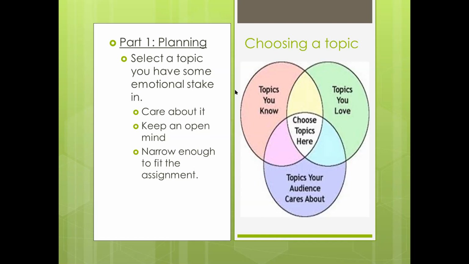And you can see in this little graphic over here on the right-hand side that there may be a little bit of a difference between simply the topics that you love to talk about and topics that you know well, and a topic that your audience is invested in. When you can combine those 3 aspects of a potential argumentative paper topic, you typically end up in the middle, which is where you want to limit your choices.